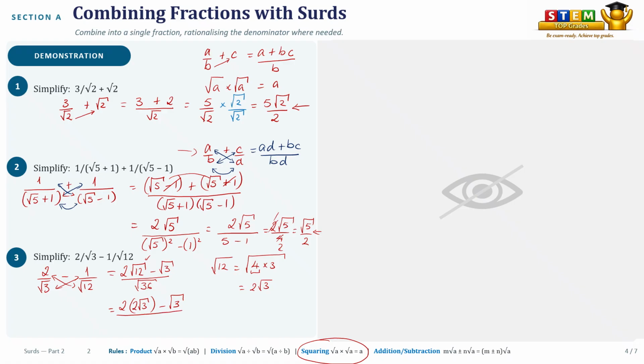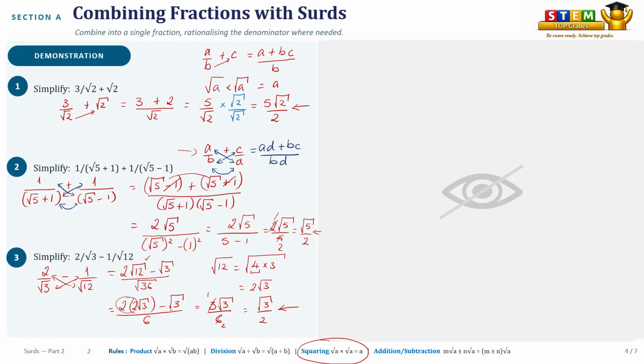Underneath you got square root of 36, which is 6. Now over here you got 2 times 2, which is 4, and that is a 1. 4 minus 1 is 3, so 3 root 3 over 6. And that can be further simplified as half of root 3 or root 3 over 2.